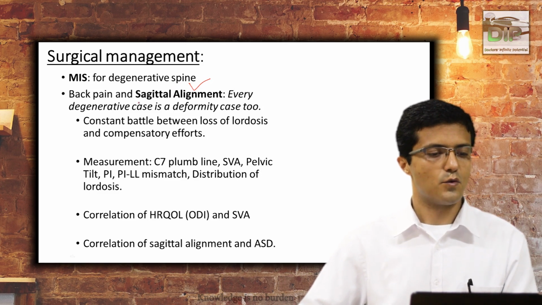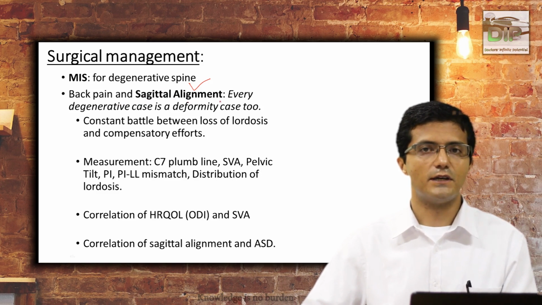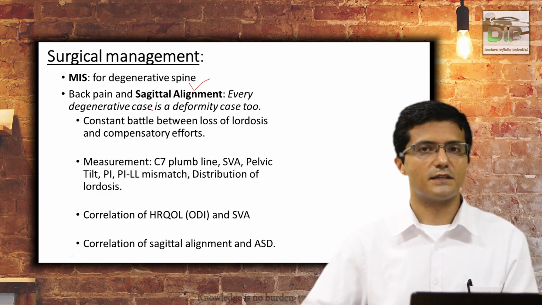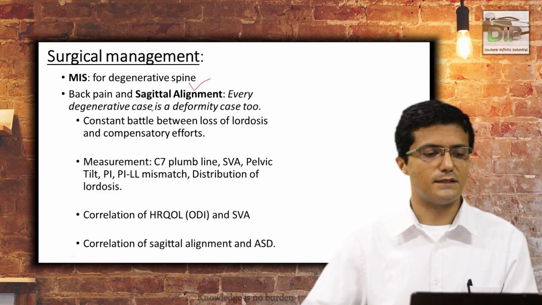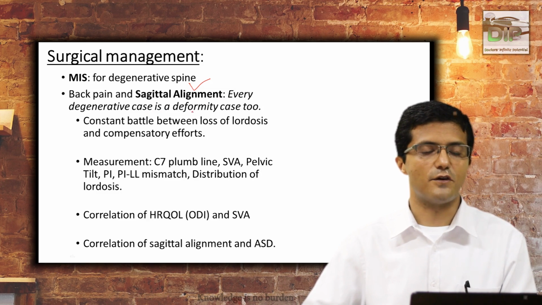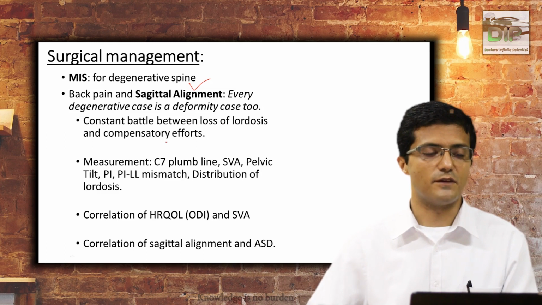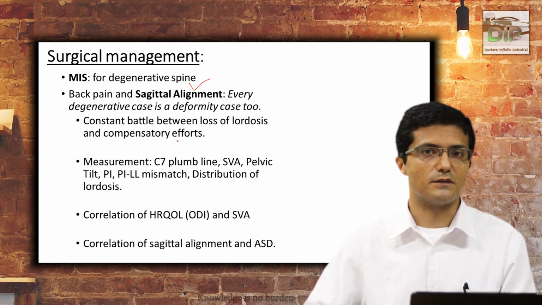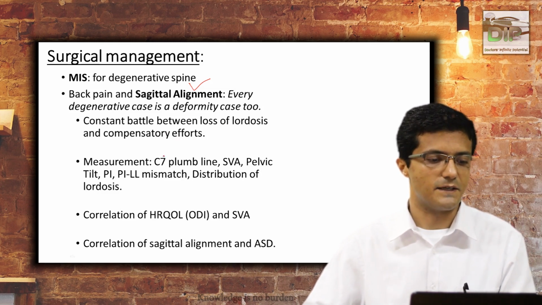While planning surgical management, we have to take special consideration of the sagittal alignment of the spine, because every degenerative case in which the disc is flattened and the lumbar lordosis is lost, we have to treat as a deformity case as well. So there is a constant battle between the loss of lordosis and compensatory efforts, and if this is not taken care of, then the surgery may not be very helpful and the patient will still complain of pain and disability.